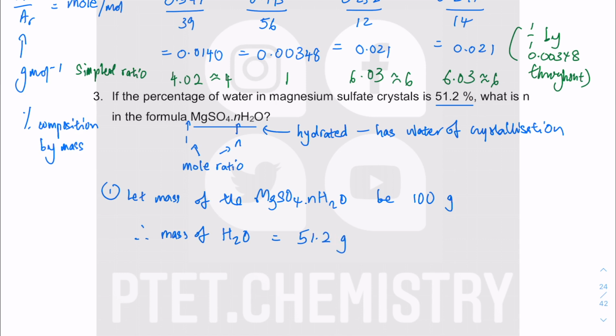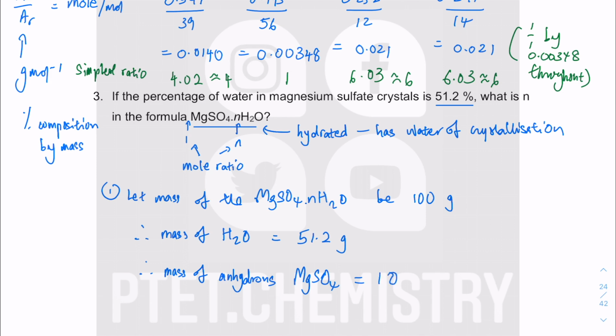If that is the mass of the H2O, which consists of all of these nH2O, then therefore the mass of the anhydrous, meaning not hydrated, meaning there's no nH2O, it's just MgSO4.